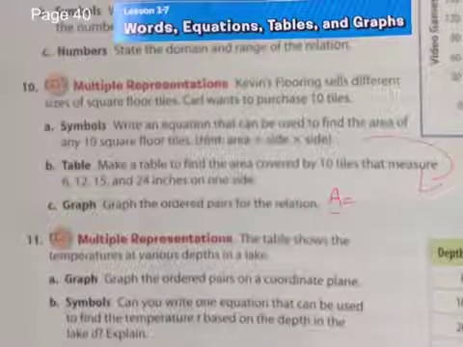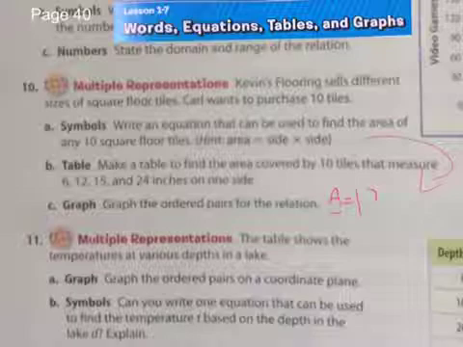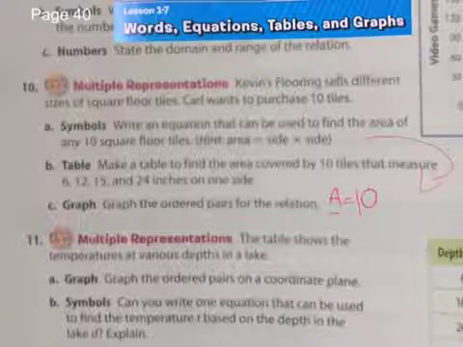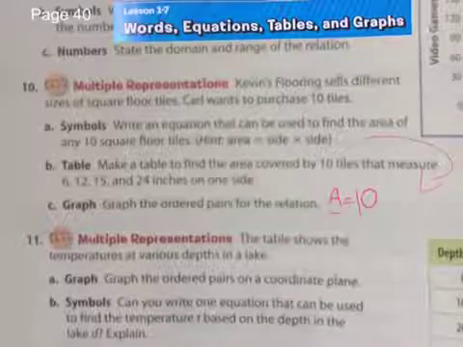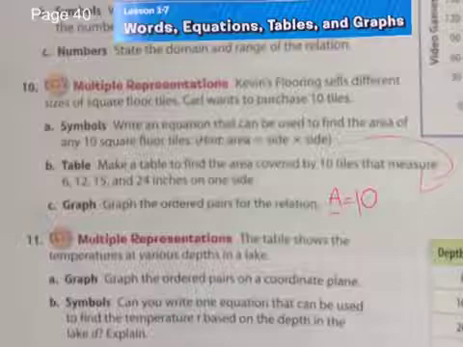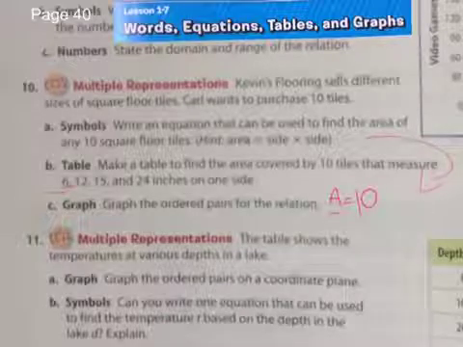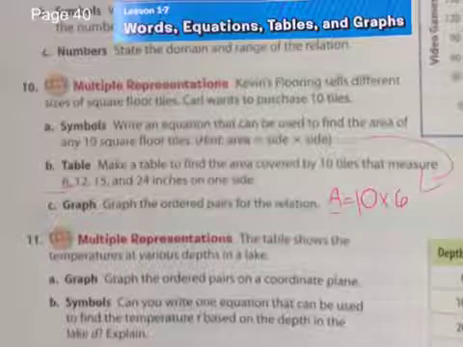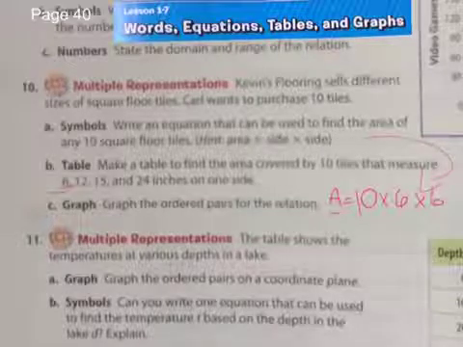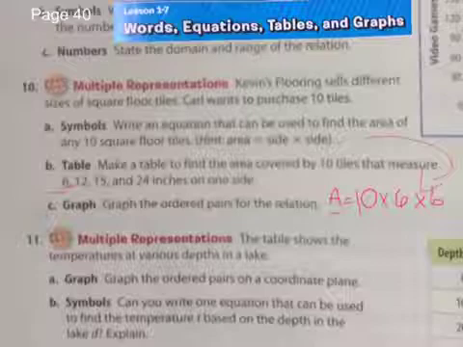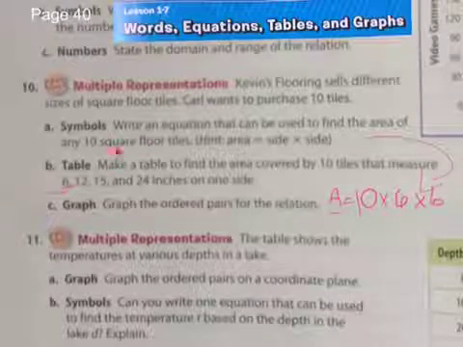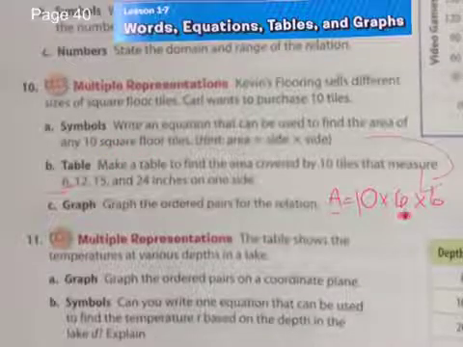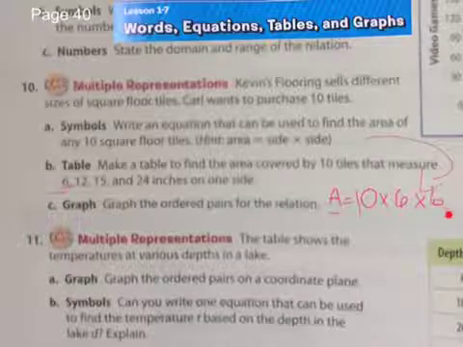So I know that I have to have the 10, because it's 10 tiles. But we're trying to look for the dimensions. How long and how wide is it going to be? If it's 6 inches each, we have to multiply that times 6 and then again times 6. Because it's a perfectly square tile, as they've mentioned, square floor tiles, it's going to be 6 wide and 6 long.